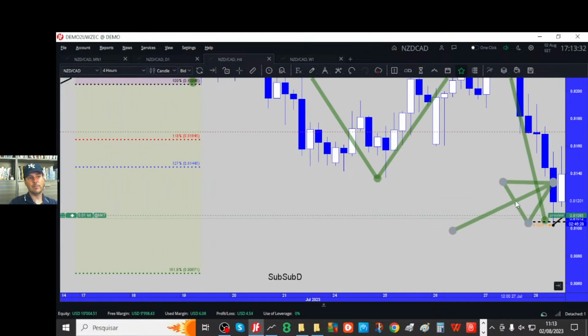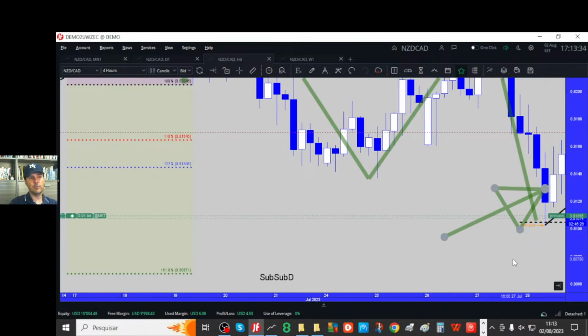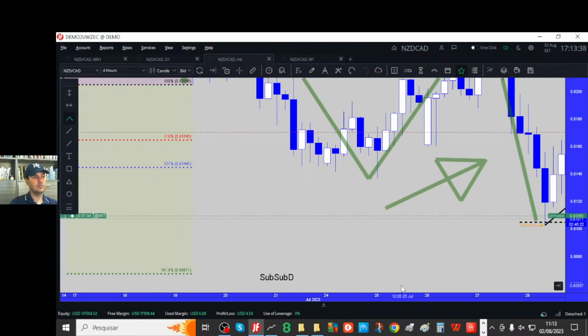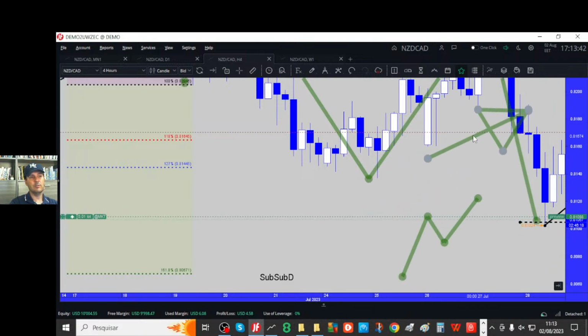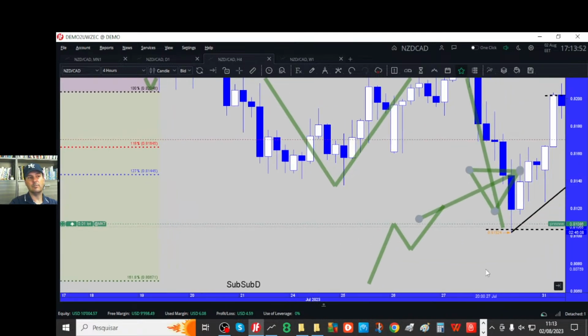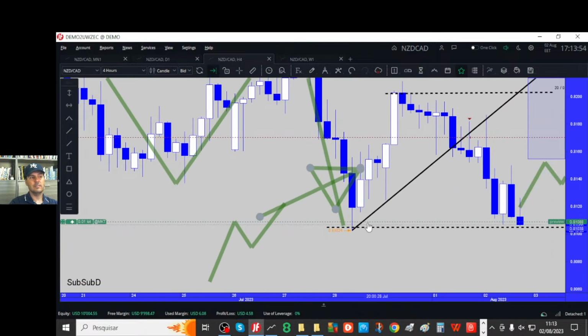If I get out right now, it's too soon. I need to wait for another candle, and now maybe I'm going to see on the smaller time frame the market not making lower lows, lower highs. You are not going to see this on the 4-hour chart, but on the smaller time frame, if I see higher highs, higher lows, then I get out, right?